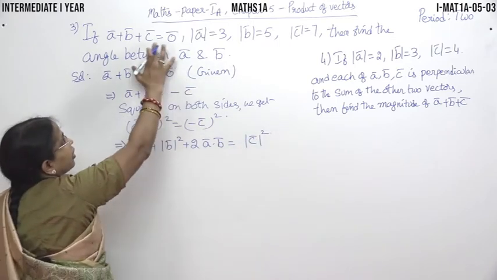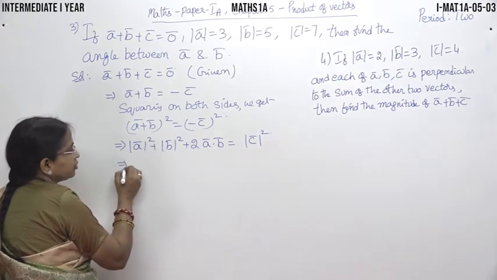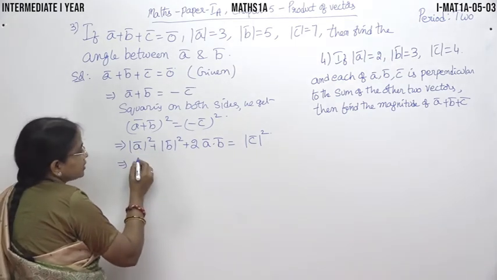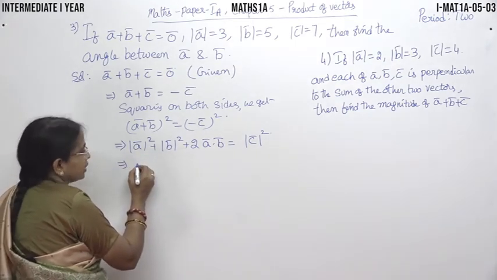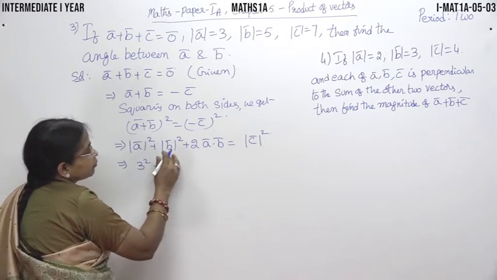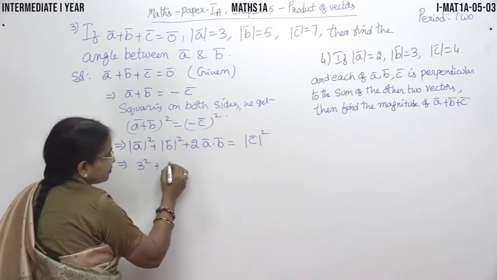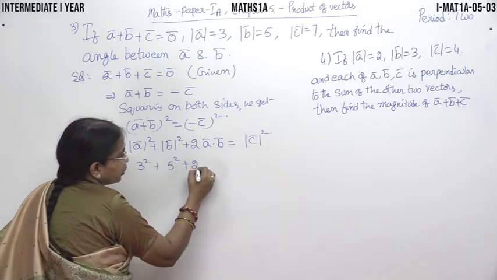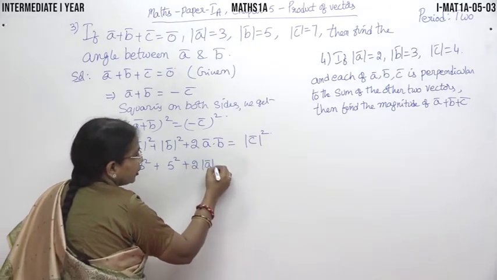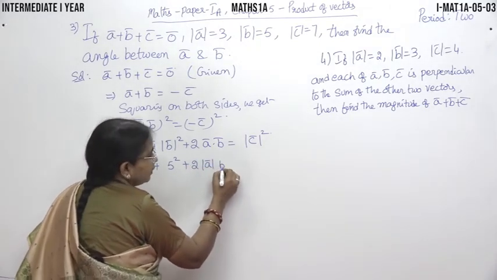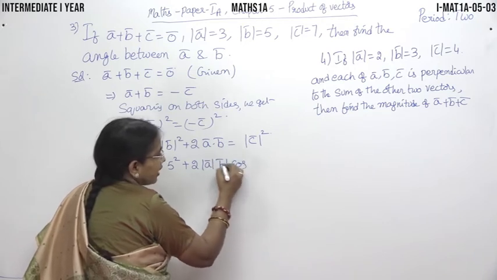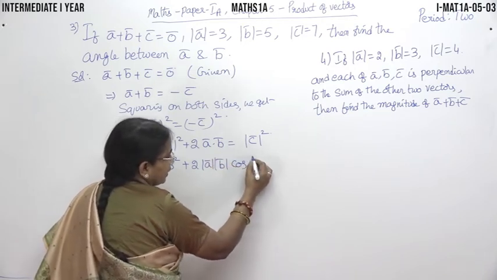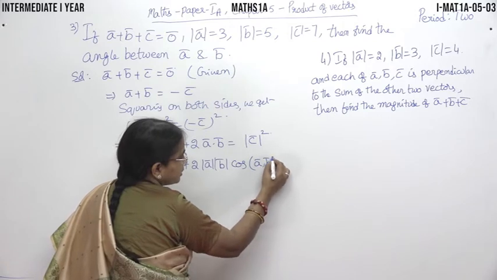Now you are given mod A as 3. Substitute the values. Mod A is 3, so that is 3 square plus mod B is 5, so 5 square plus 2 into mod A into mod B into cos of angle between A and B. This is the formula.